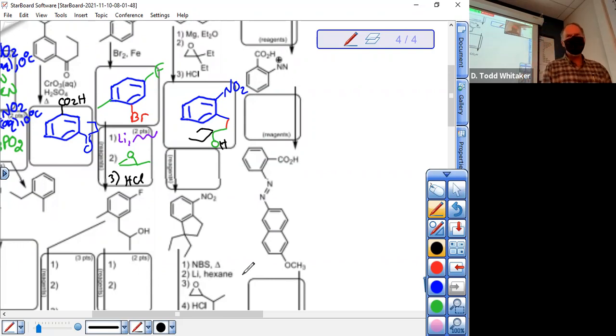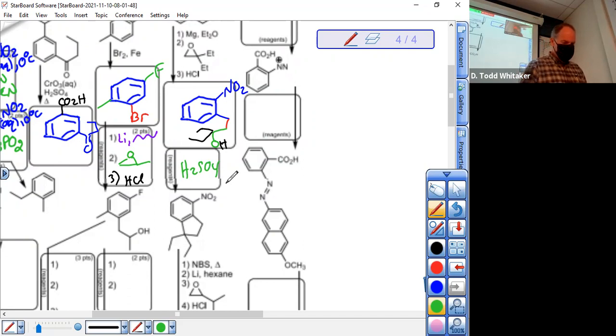Sulfuric acid works generally. But more interestingly, phosphoric acid seems to give the best results on these. You don't really need to know that. We'll just go sulfuric acid. Protonate, makes cation, electrophilic aromatic substitution happens, and you're there.